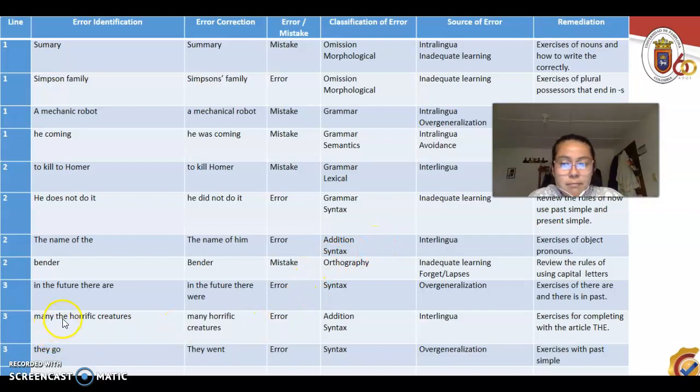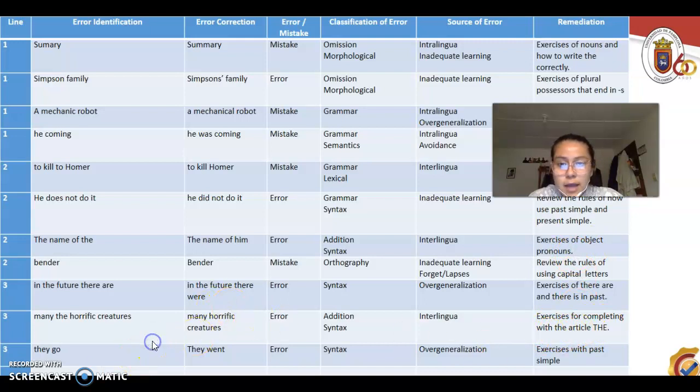So in the other one, many the horrific creatures, he is adding the article. So it's unnecessary to add this kind of articles in these sentences. So it can be interlingual, because are errors caused by the second language process. So in the remediation we can fix it with exercises of object pronouns and exercises for completing with the article the.